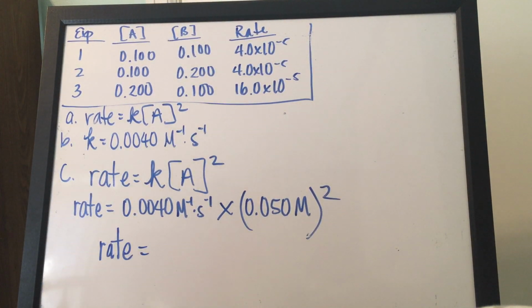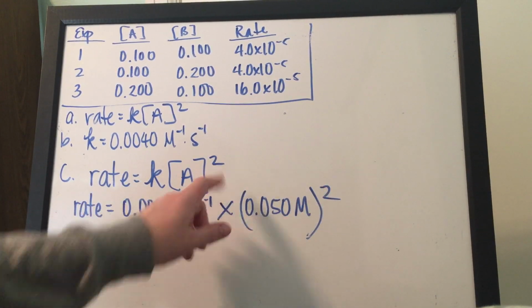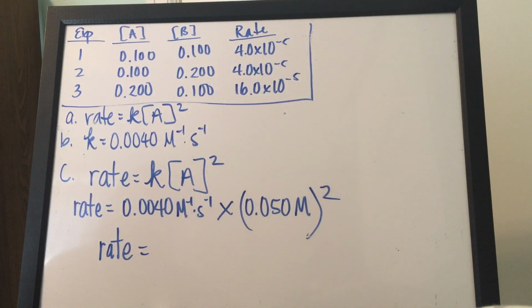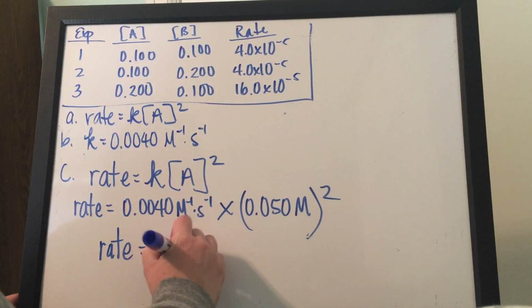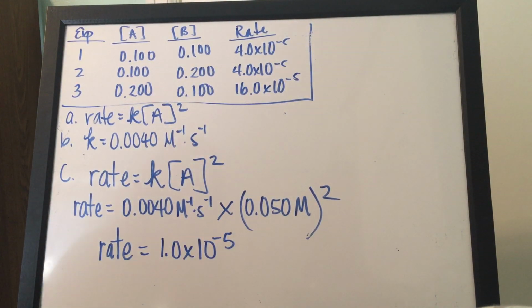So you go ahead and do that. Don't forget to square this. Remember, it's coming from your order. 2 sig figs. And I end up with 1.0 times 10 to the negative 5th. If you didn't get that, go back and double check. You've made a calculation error somewhere.